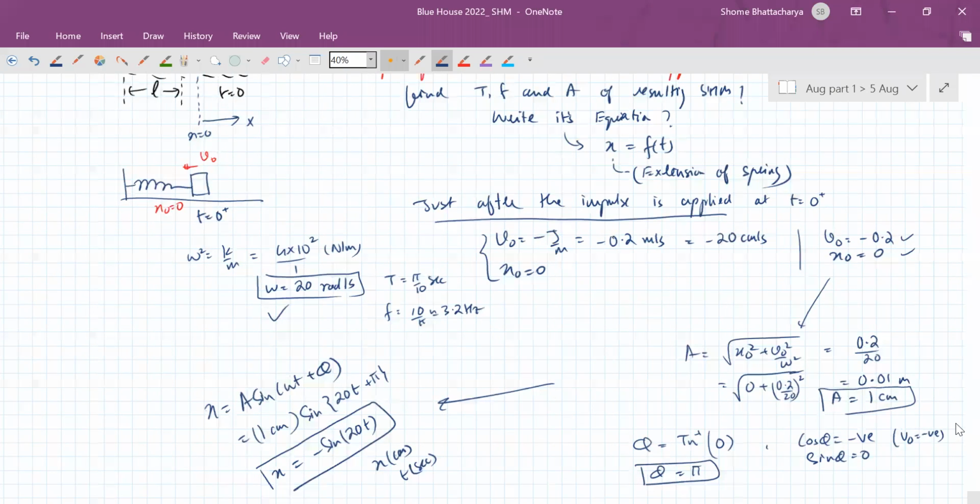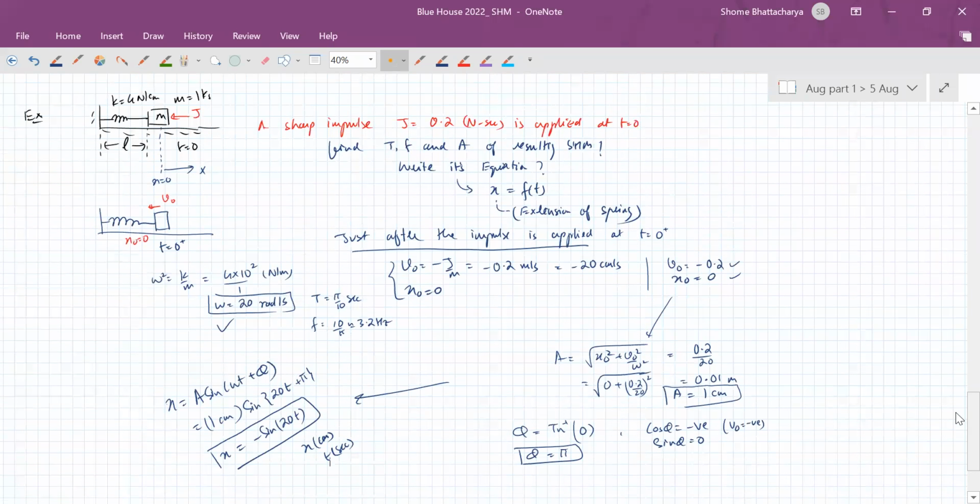You just remember these two things, that omega depends on the properties of the system, that is K and M. So it has nothing to do with the starting conditions, but it just depends on the physical properties, the stiffness of the spring, the mass of the block. But on the other hand, the amplitude and phase constant, they depend on the initial conditions. So v naught and x naught's value tells you how far it will go, that is the amplitude, and also the starting position, that is what is the phase constant, initial phase of SHM.